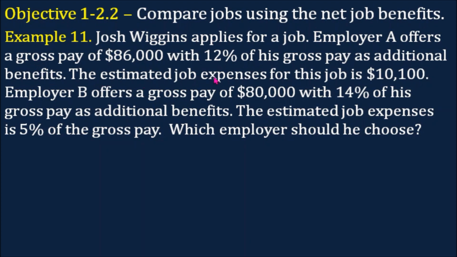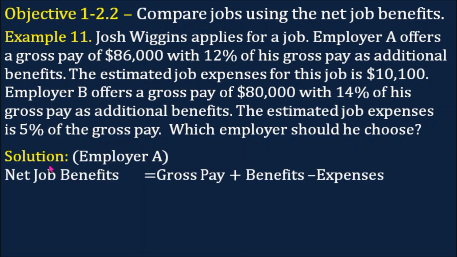The estimated job expenses for this job is $10,100. Employer B offers a gross pay of $80,000 with 14% of his gross pay as additional benefits. The estimated job expenses is 5% of the gross pay. Which employer should he choose?